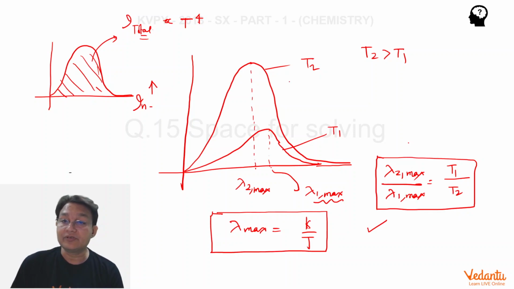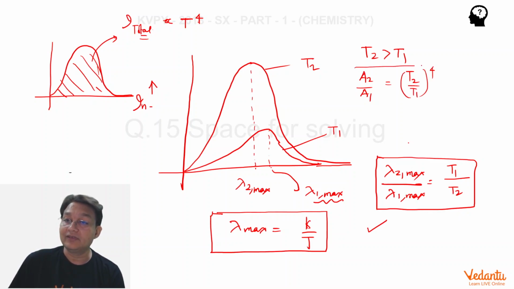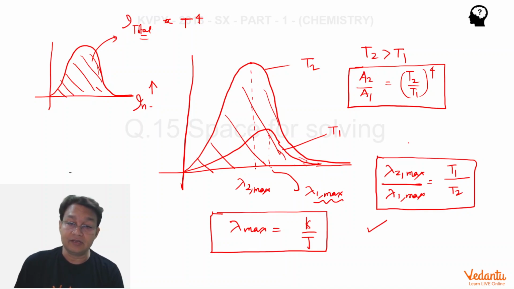So if this is T1 temperature and this is T2 temperature, if we talk about the area under the graphs, then A2 upon A1 will be equal to T2 upon T1 raised to the power 4. You're going to get this idea. What is A2? A2 is the area under this curve. And what is A1? Let me show A1 with a different color. The A1 is this.